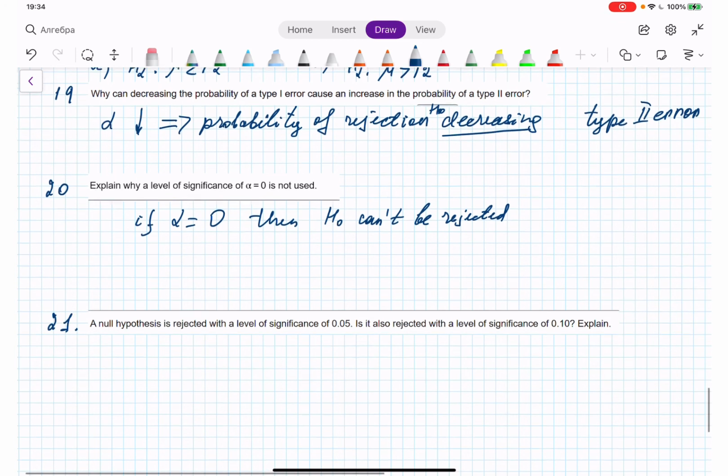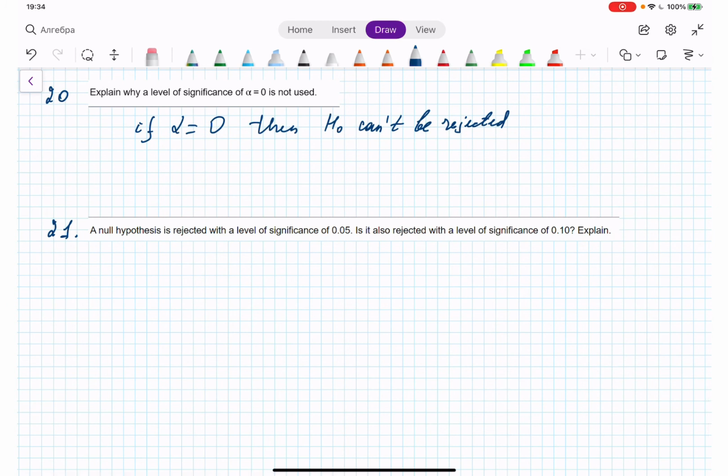And the last question. A null hypothesis is rejected with a level of significance of 0.05. Is it also rejected with a level of significance of 0.1? Explain.